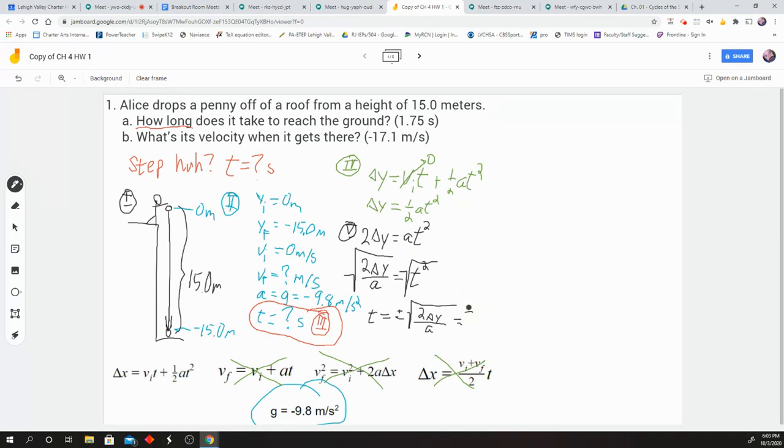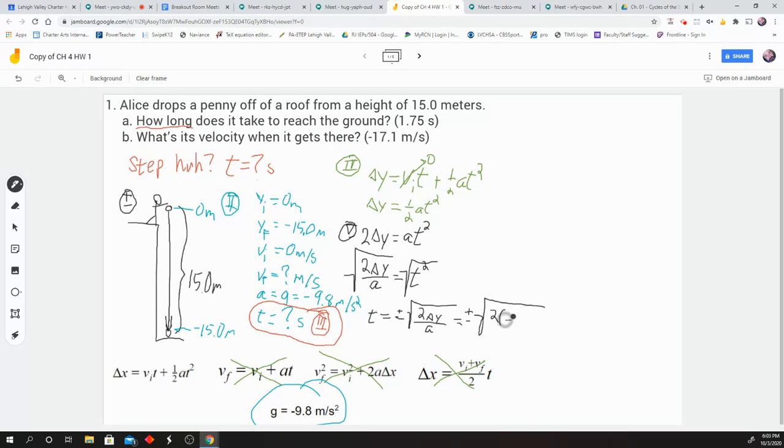So this is equal to plus or minus the square root of 2 times delta y. Delta y is always y final minus y initial, and this is why we make y initial 0. Because y final is minus 15.0 meters minus y initial, which is 0, delta y is just y final.